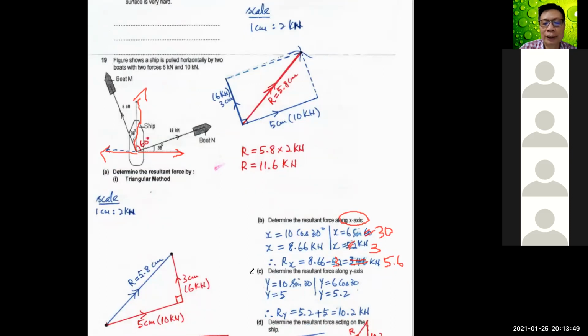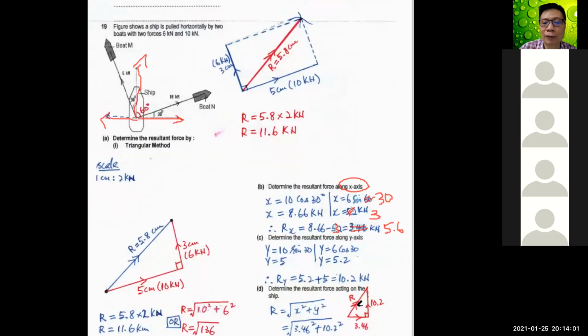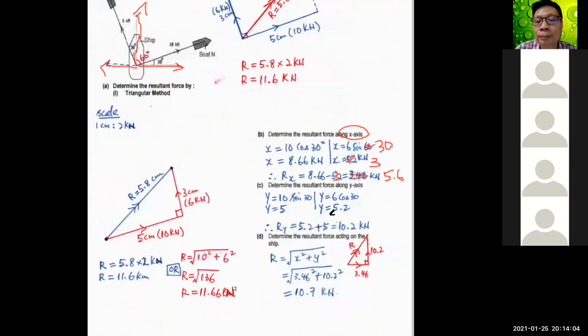Okay, after that, determine the resultant force. Now you know the resultant force for x-axis, resultant force for y-axis, right? So you can use Pythagoras theorem to find the resultant force. Because this one is to the right-hand side, when you minus, 5.6 is here.